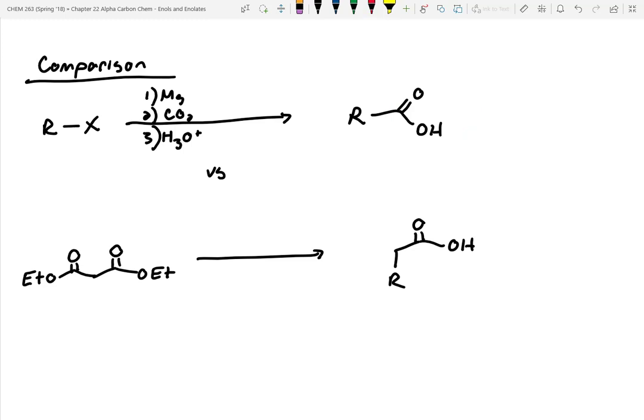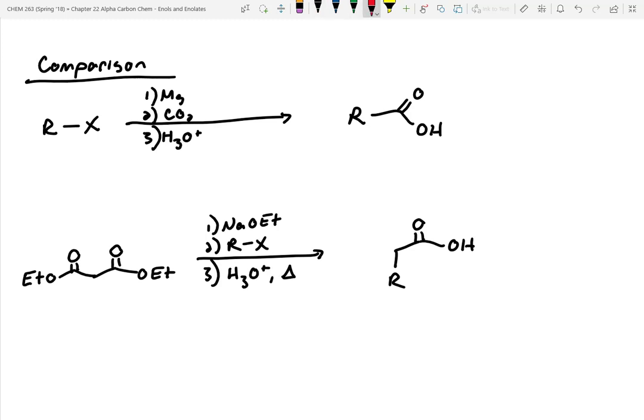Or for the next one, the one we just covered, we said if you want to have that CH2 spacer, you can do this workaround. Whereas for step 1, you treat it with a strong base, like sodium ethoxide. Step 2, then you treat it with your alkyl halide. Then step 3, you treat it with acid and heat.